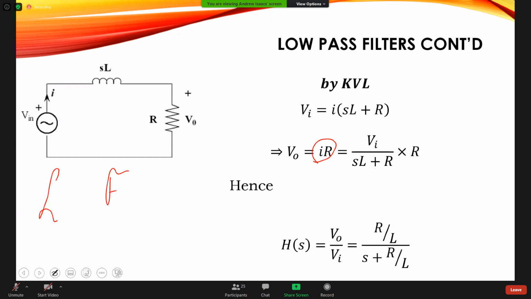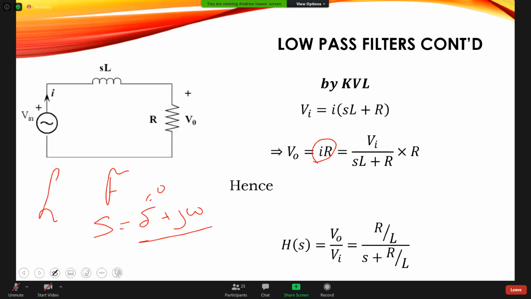So you would know that for your Laplace, it's a two-dimensional representation. So S is actually equal to sigma plus j omega. If we want to do the analysis in one of these two planes, then meaning sigma is equal to 0.